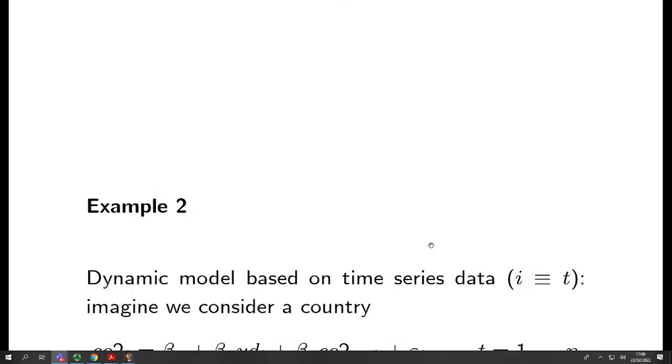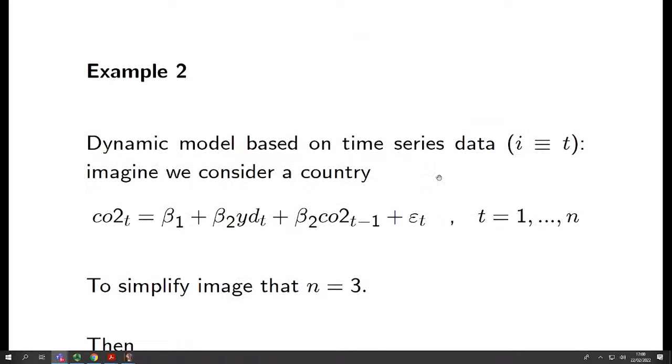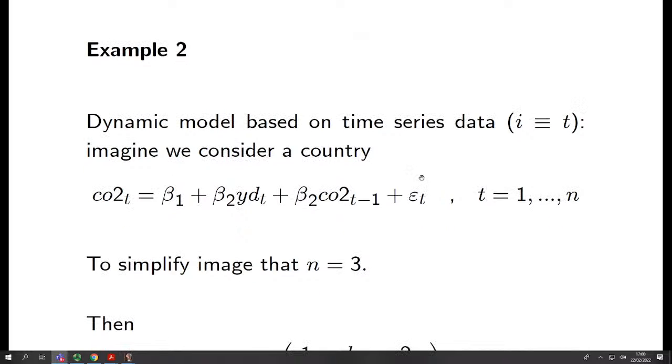And let me consider now example number 2. I have a similar example, but now I have time series. Imagine that I am considering a single country, Italy, for instance, and this is a model which explains the dynamics of the evolution of CO2 emission in Italy over time, okay?